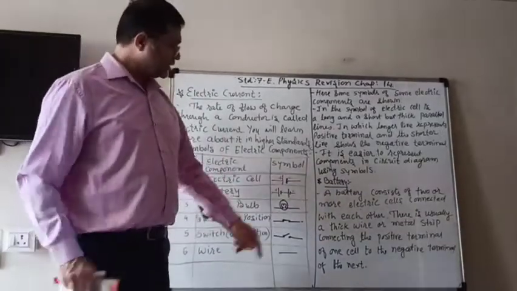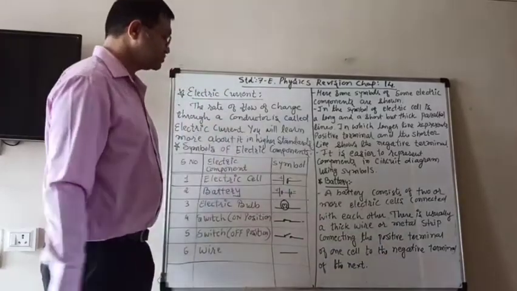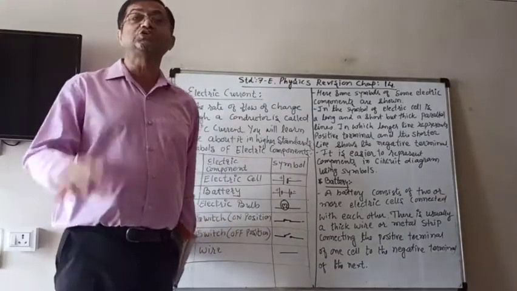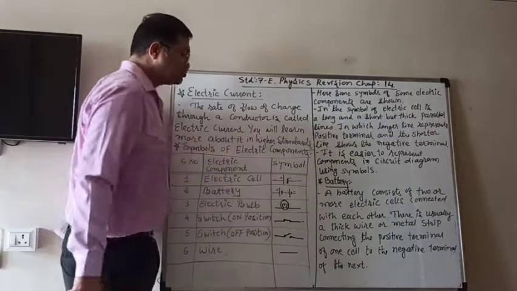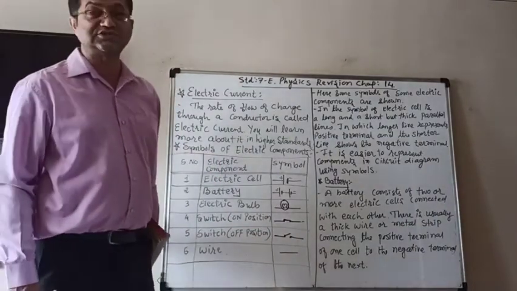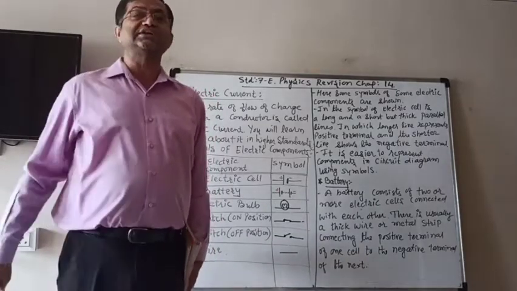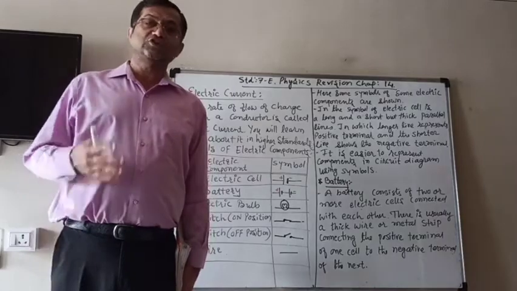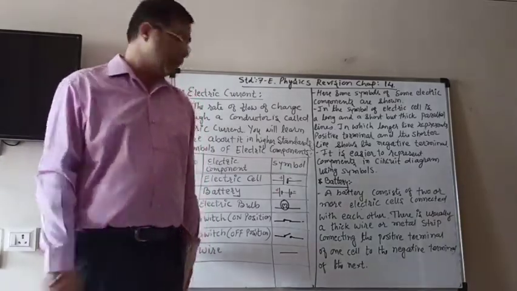Look here, we put two dots and then it is connected. There is no gap between the two terminals. So here it is representing the switch in the on position. When it is in the on position, the electric circuit completes and components like the bulb can work and the bulb will glow.